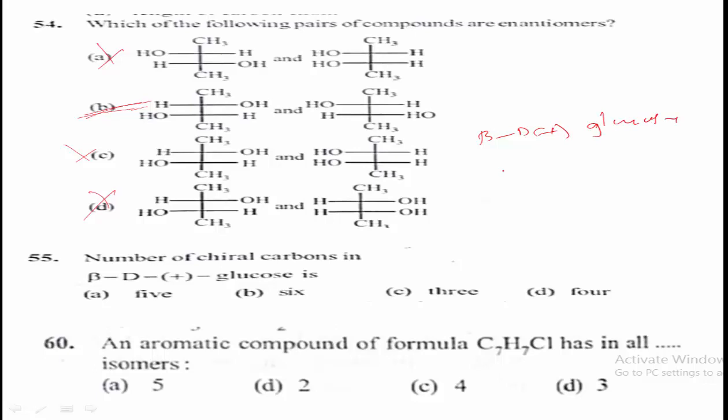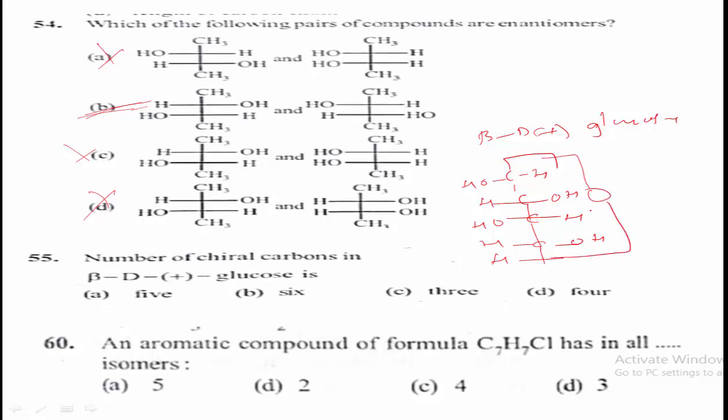See here the chiral carbon atoms: here one OH, here H, and here H, OH, here OH, here C, and here H, and here another carbon atom with H, OH, and here I write only H, and this one is involved in the chain, and here CH2OH.